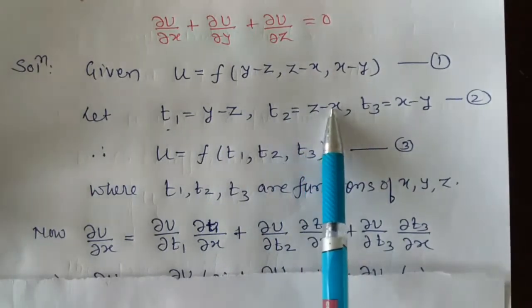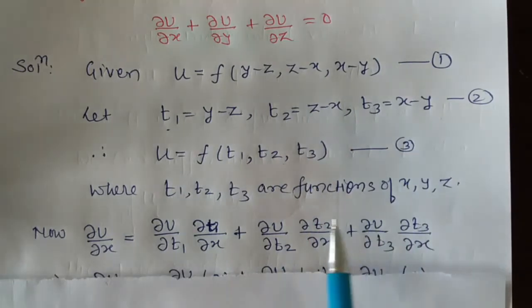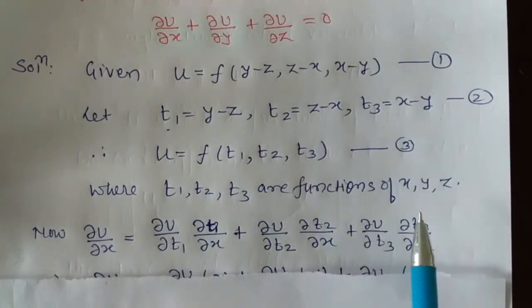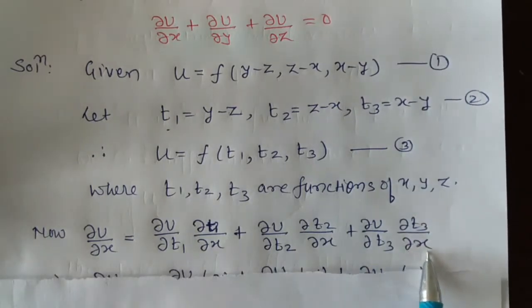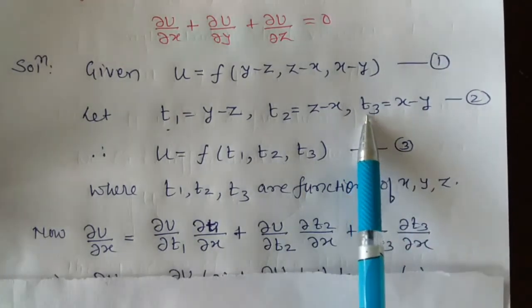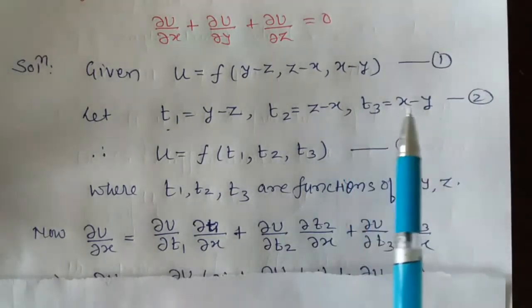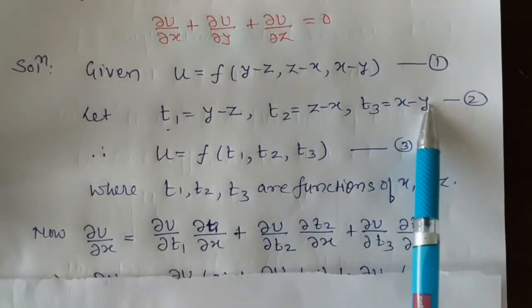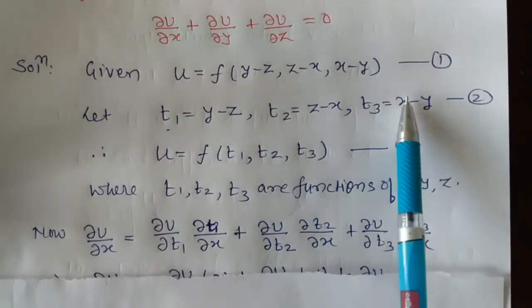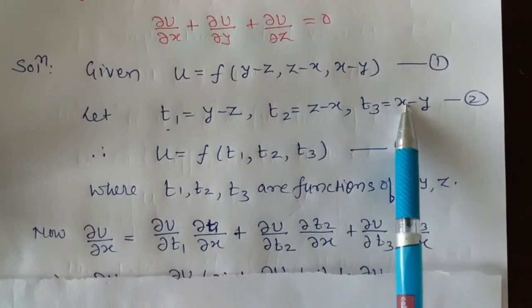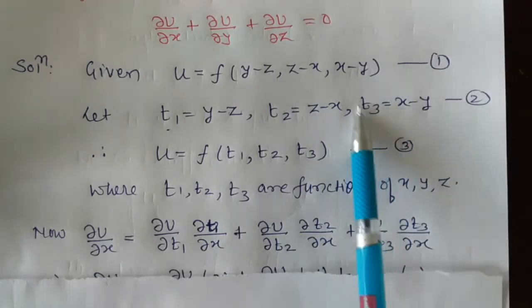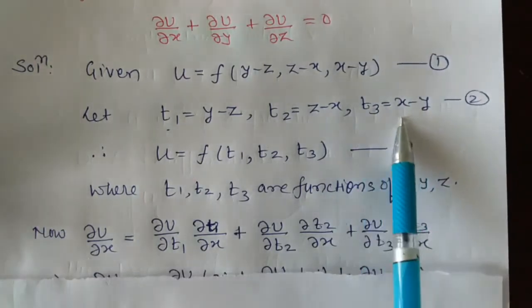So we get 0 minus 1, and the value of del t2 by del x is minus 1. And del t3 by del x: with respect to x, y is constant, so its derivative is 0, and the partial derivative of x with respect to x is 1. So del t3 by del x is 1.